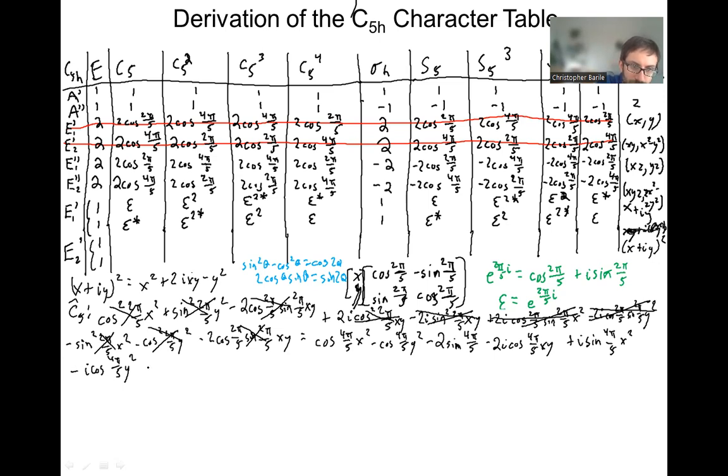So we want to test to see if this is equal to something. And what it turns out to be equal to times itself is x plus iy squared, so our term here, times cosine 4 pi over 5 plus i, it's like a minor miracle here, sine 4 pi over 5.